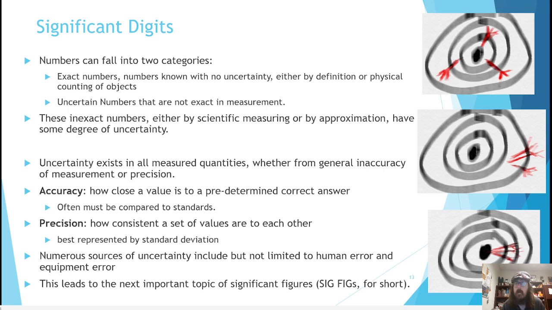Now there's various sources of why these errors can occur. Some of them are your fault, some of them are not. Sometimes it's just natural human fallacy. Sometimes it's the machine or instrument you're using. Sometimes it's just the measurement device. You cannot measure more accurately than your measurement device.